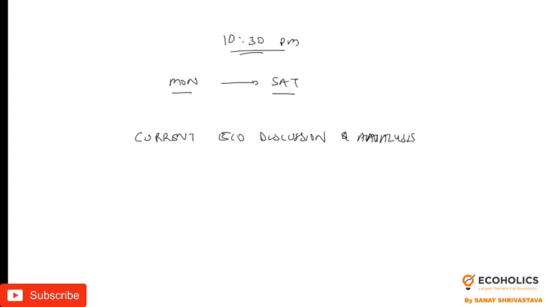Current economic discussion and analysis, vital for examinations like UPSC, where you have to write the answers. In the IAS examination you have preliminary as well as mains, and in the Indian Economic Service examination you have the general economics paper as well as the Indian economics paper, that is paper number 4.